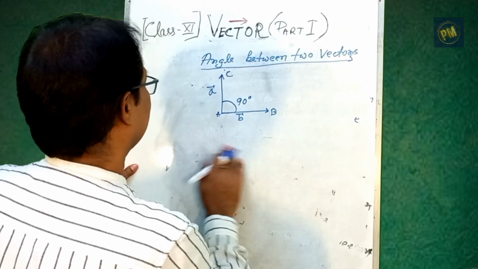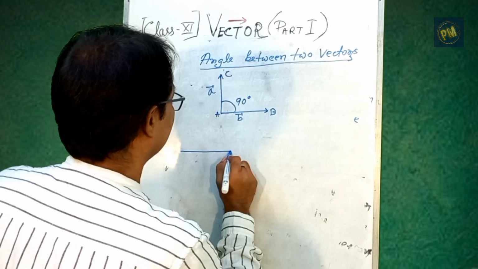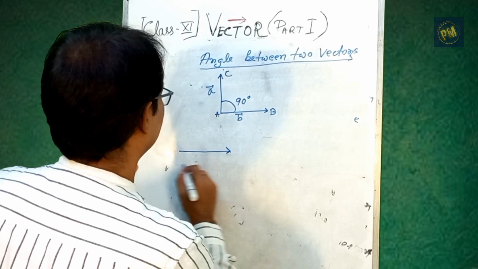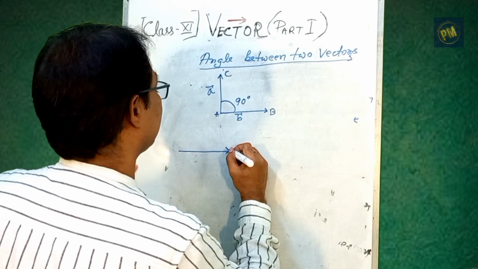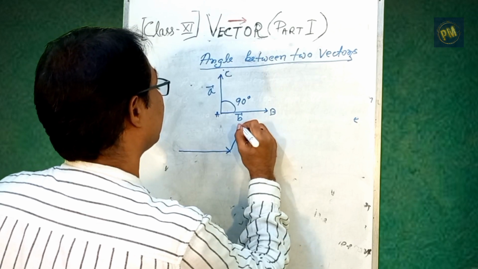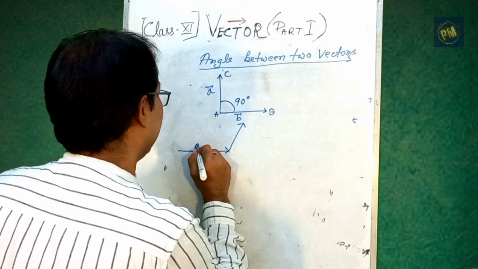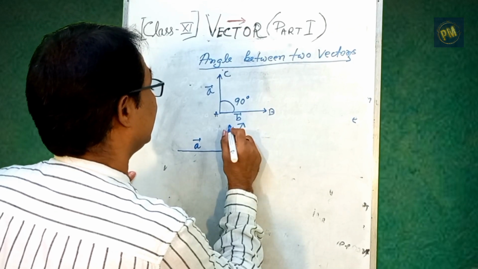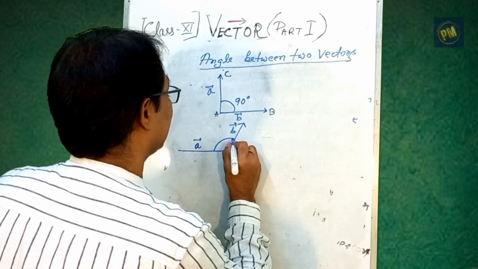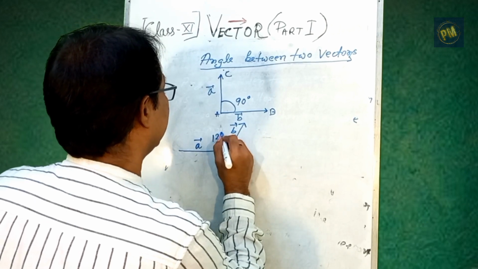Let us take another example. The vector A and vector B, this angle is 120 degree.